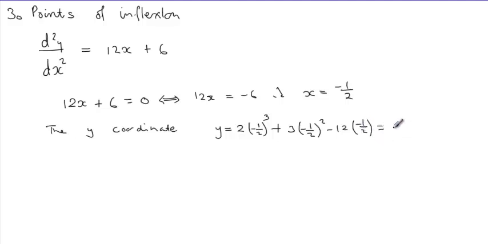What are we getting, guys? 13 over 2, which is 6.5. Let's write it as 6,5. So we've got a point to plot as the point of inflection. Let's just write I there for inflection. Minus 0,5, like we wrote that one as 0,5.